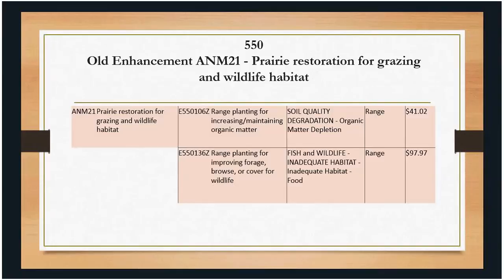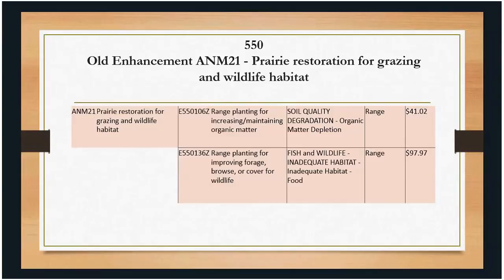So the first 2, the range planting ones, are both in a group. They tie to an old enhancement that was called prairie restoration. And so the old prairie restoration enhancement is now range planting for increasing and maintaining organic matter, or range planting for improving forage, browse, or cover for wildlife.